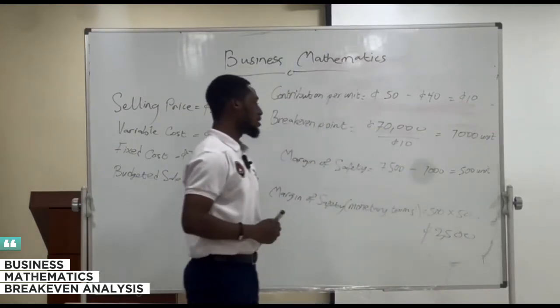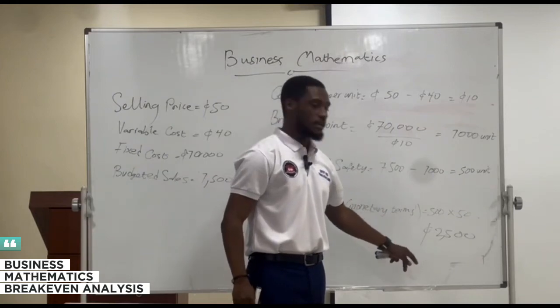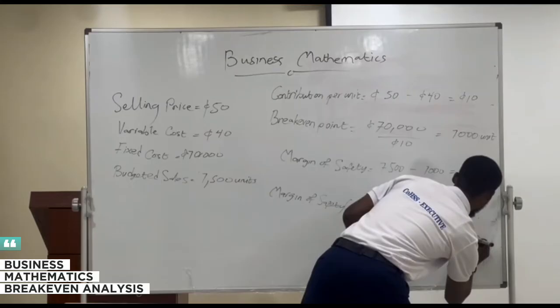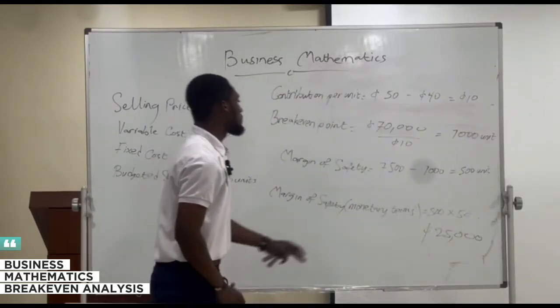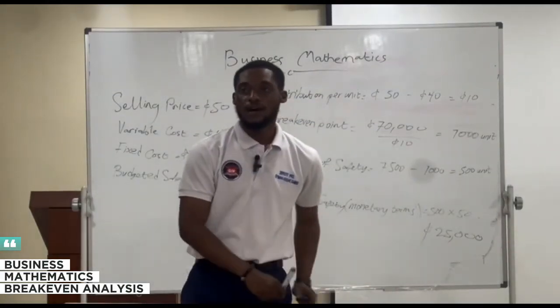And since it's in monetary terms, we bring the cedi sign. So 25,000 cedis, whilst this is in units, so 500 units. Thank you. This is for margin of safety.